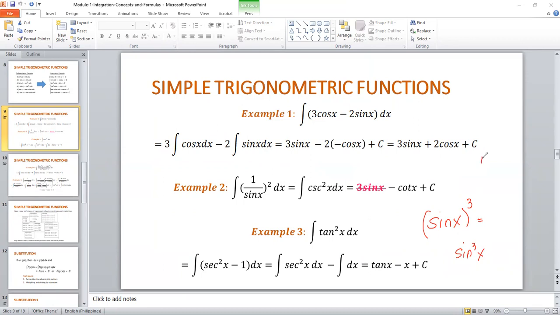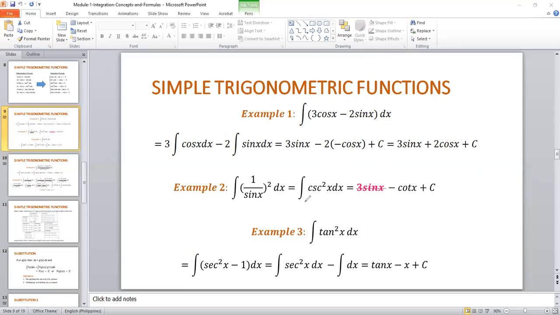Whenever you have written 1 over tangent cube x, that's equivalent to cotangent x raised to 3, or cotangent cube x. The reciprocal of the tangent is the cotangent, or vice versa. When you raise a trigonometric expression to a particular power, let's say 3, it's equivalent to writing it in this manner. Okay? So in this example, you could see that that's the case.